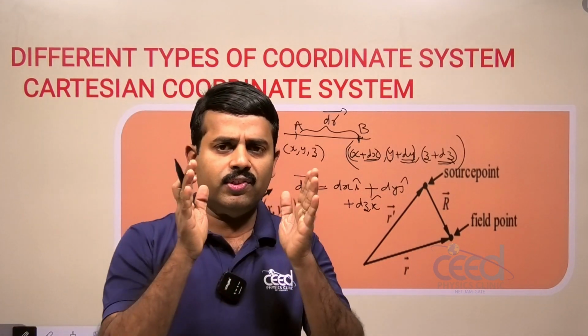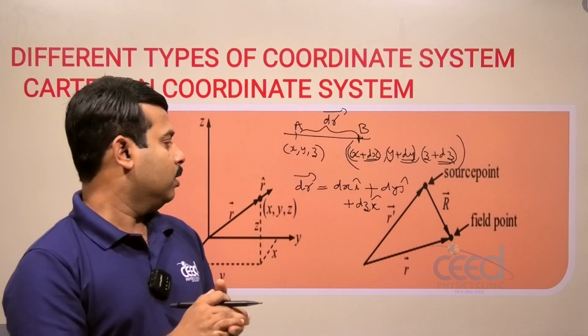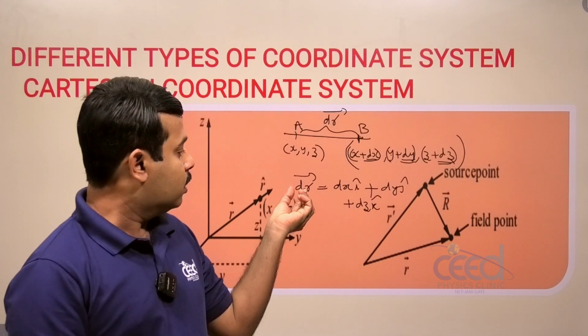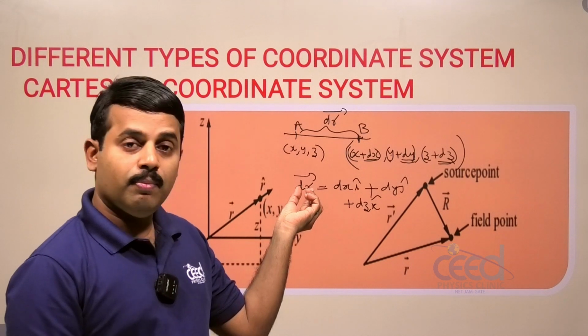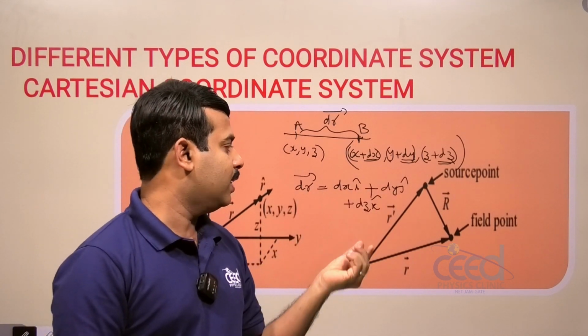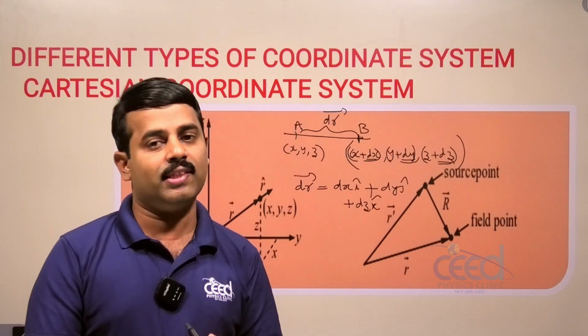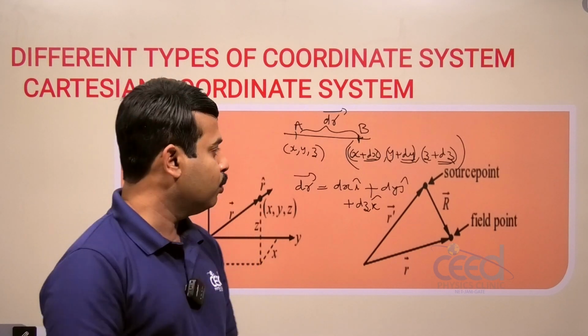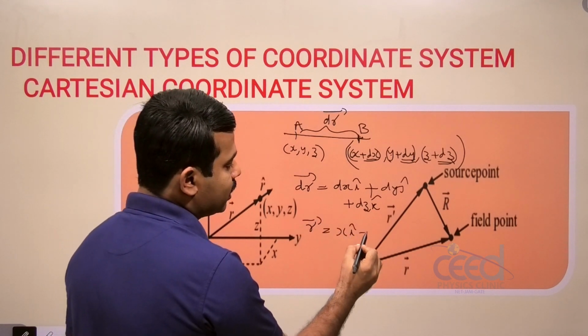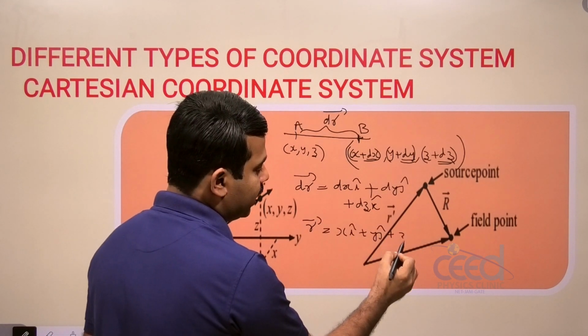So in the Cartesian coordinate system we can represent the infinitesimal position vector dr as dx i cap plus dy j cap plus dz k cap. How do we represent the position vector? Position vector r is equal to x i cap plus y j cap plus z k cap.